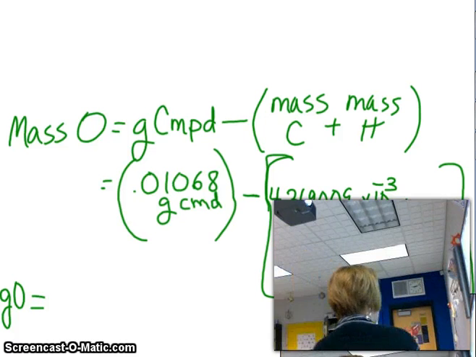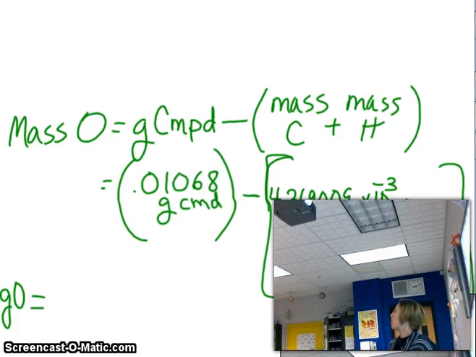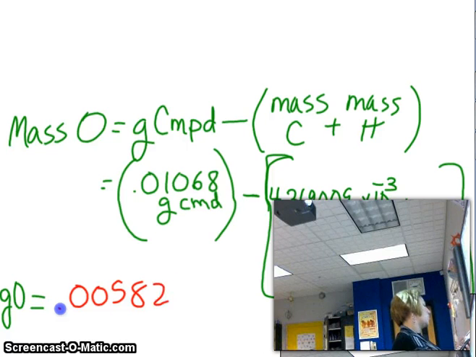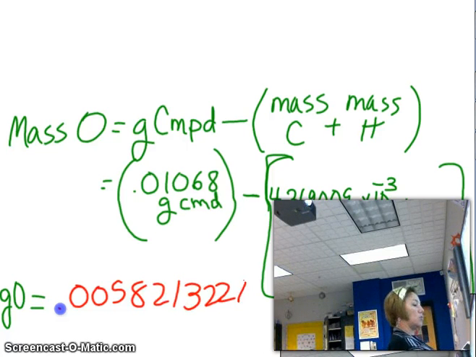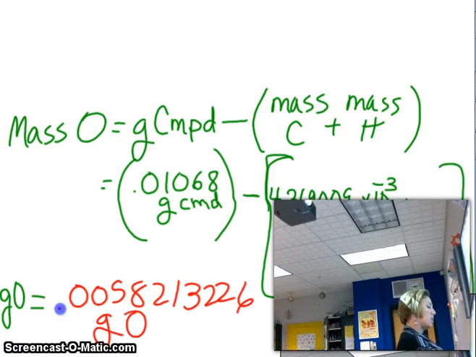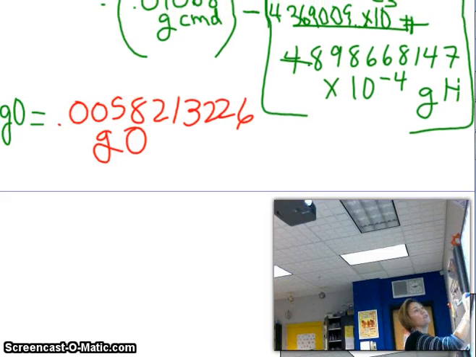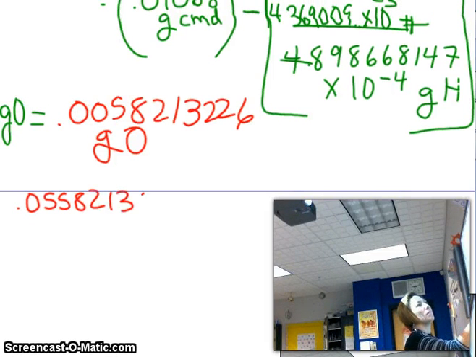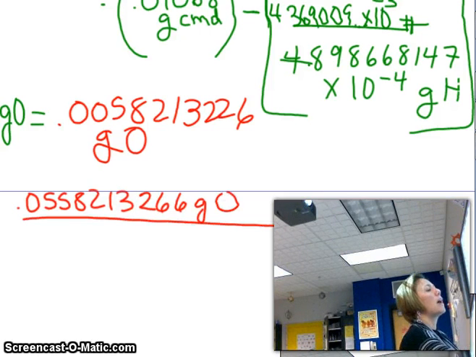So, our mass of oxygen, if we actually add all the numbers and enter the numbers correctly, just modeling how easy it is to make a mistake, is 0.058213226 grams of O. We don't need grams of O, we need moles of O. So now we will convert that to moles by dividing by the formula mass.